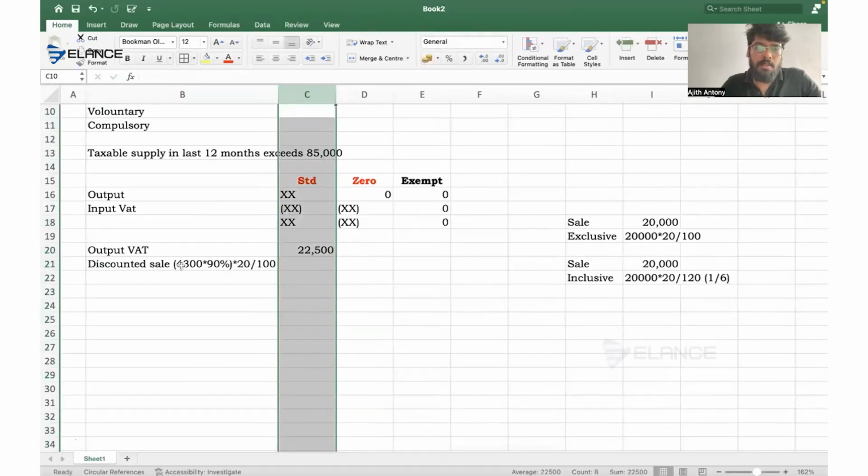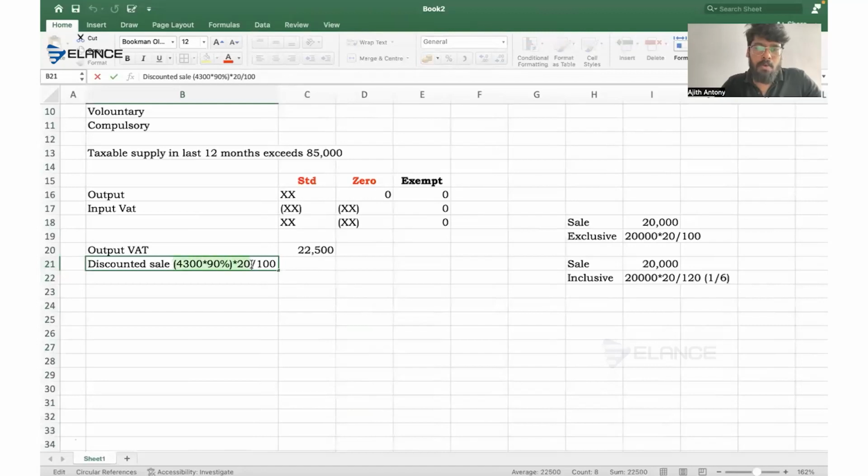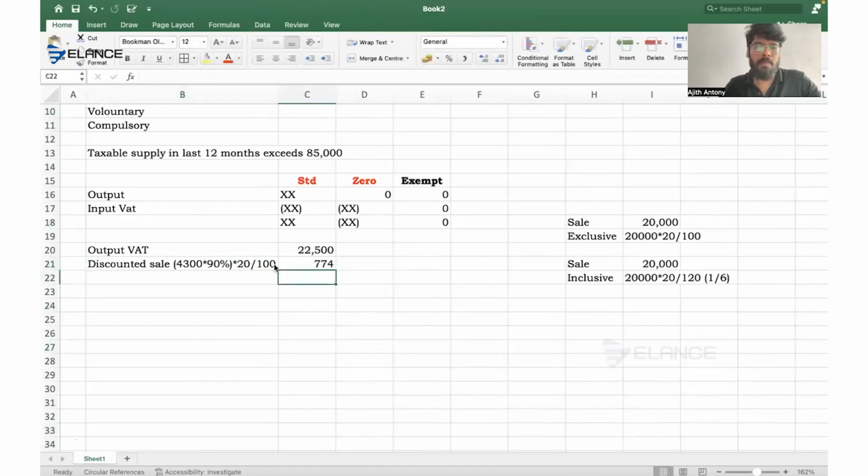So it will be the output VAT of discounted sales, 774. Yes, of course, you can directly apply 20% when we calculate.